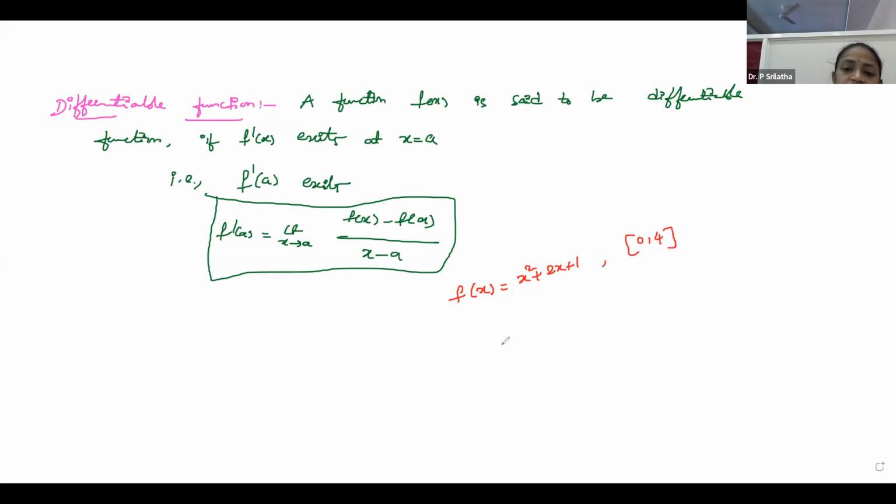Next, f of x equals 1 by x, with limits minus 1, 1. And f of x equals log x, with the same limits, minus 1, 1. Now tell me whether these three functions are differentiable or not.